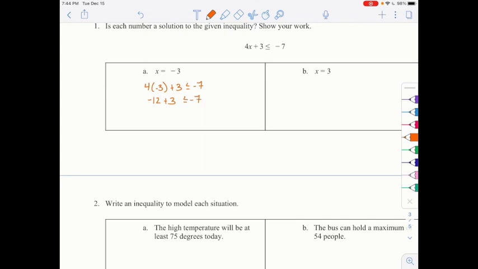That is -9. So the answer here is yes, this is a solution because this is true. And then if we try +3, it's going to be 4 times 3 plus 3. That's 12 plus 3. 15 is not less than or equal to 7, so this is no, not a solution.